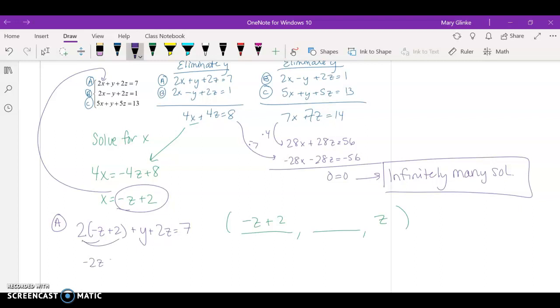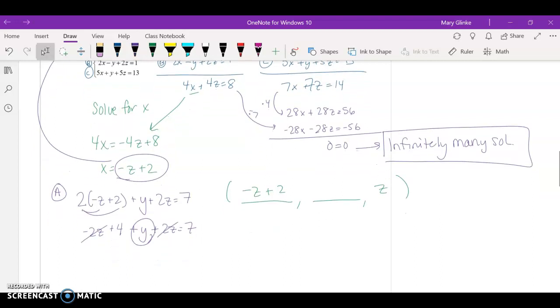I get negative 2z plus 4 plus y plus 2z equals 7. So I need to get y by itself in terms of z. So as I'm getting y by itself, my z's actually cancel out. And my y value is just 3 for this one.